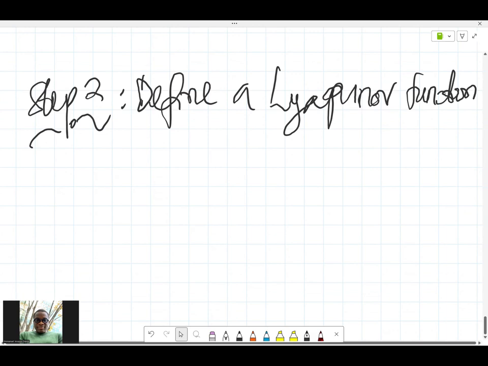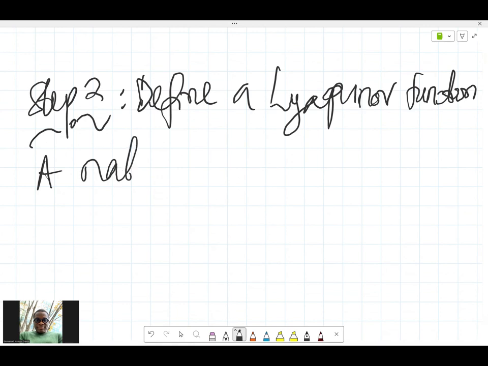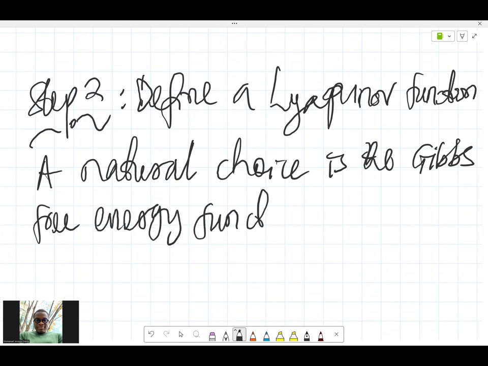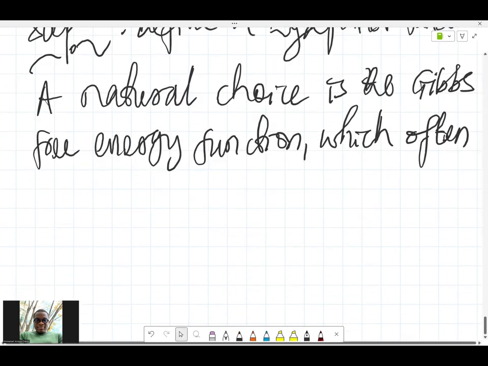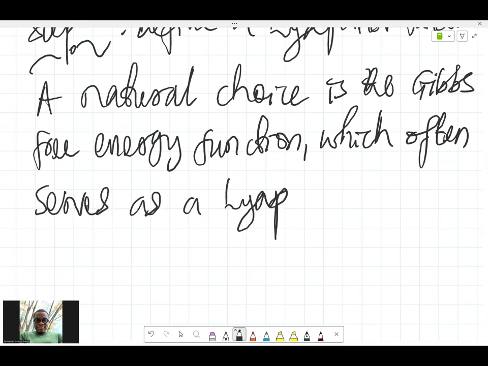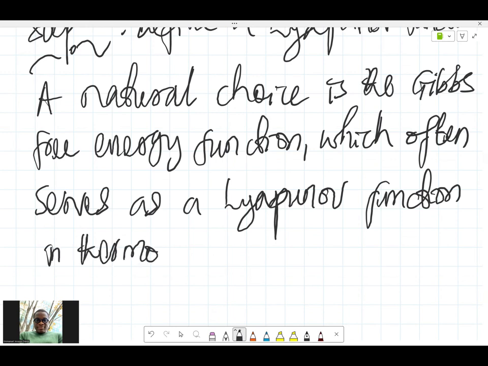Now for the Lyapunov function, a natural choice is the Gibbs free energy function, which often serves as a Lyapunov function in thermodynamic systems.